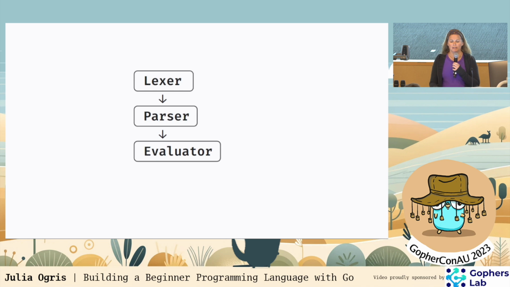But you typically have a lexer component that takes the source code as input and creates the sequential token stream from it. The parser takes these tokens, turns them into the hierarchical abstract syntax tree, and then the evaluator, in the case of Eevee a tree walking evaluator, turns this AST into a program in execution.